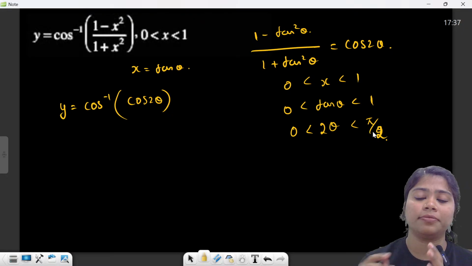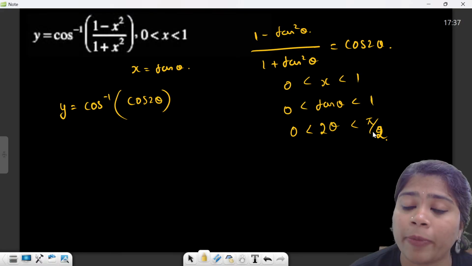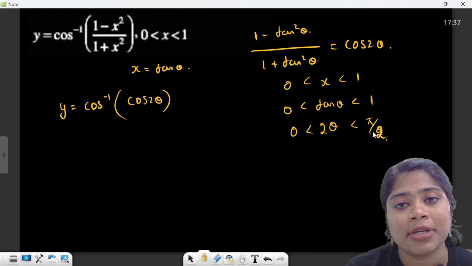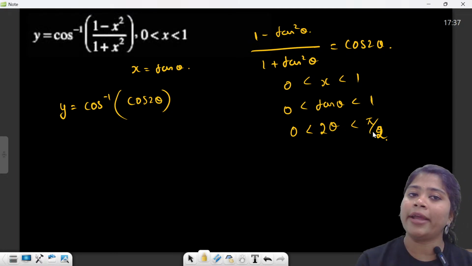So tell me, is it in the principal domain? What is the principal domain of cos inverse? 0 to pi, right? So yes, of course it is in that interval.